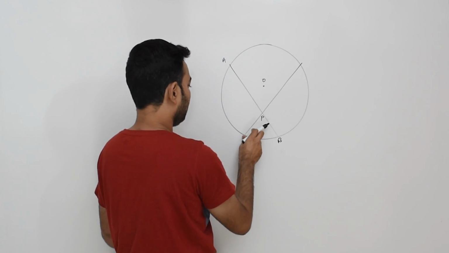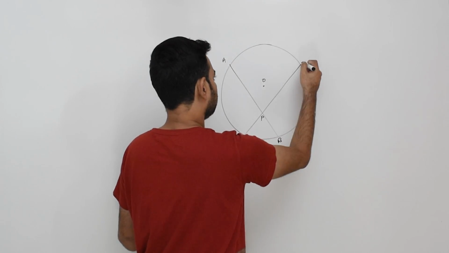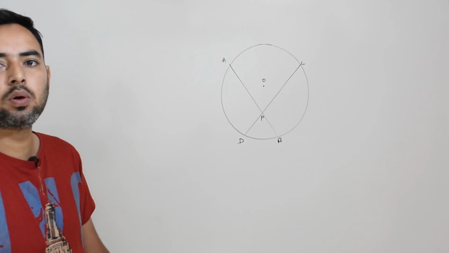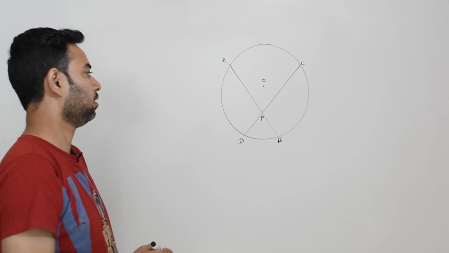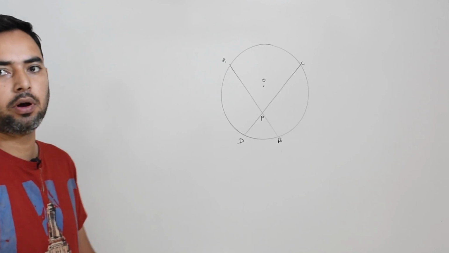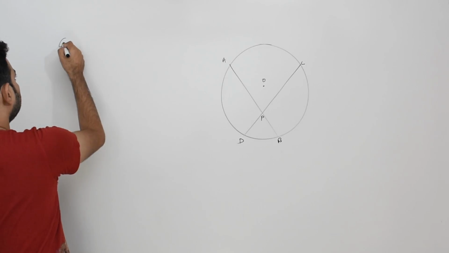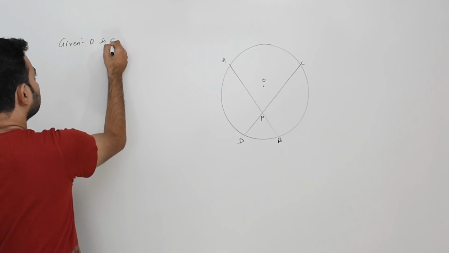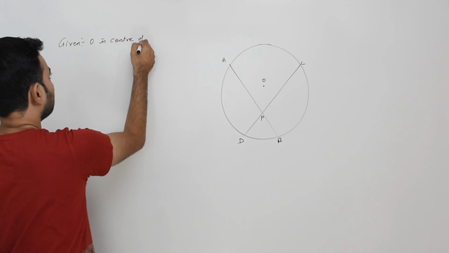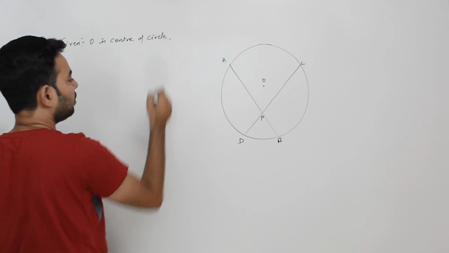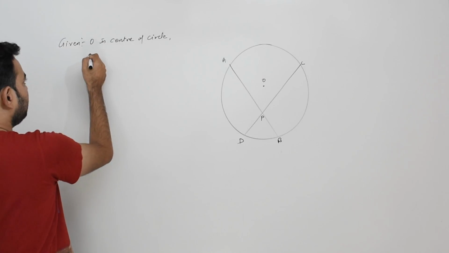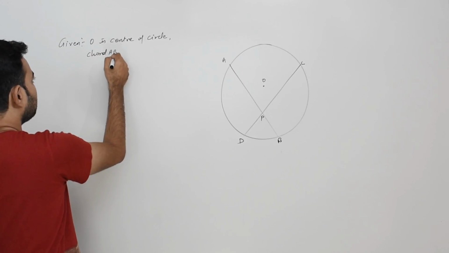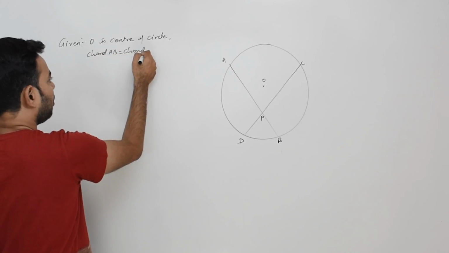AB and CD are the equal chords of a circle intersecting each other at point P. Given: O is the center of the circle, chord AB is equal to chord CD.